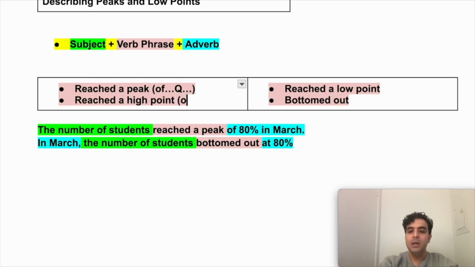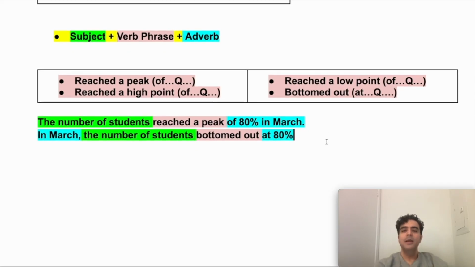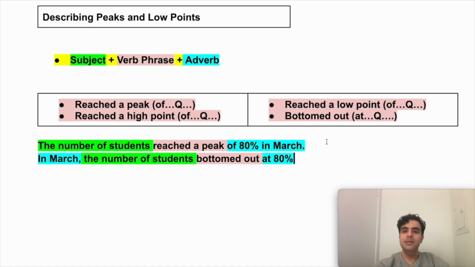Reached a high point of, and once again, mention the quantity. Reached a low point of, so far everything can be described, the quantities using of, but then for bottom out, the preposition is, as I mentioned, at. So it bottomed out at this particular amount, and there you go. These are the structures that you could use to describe peaks and low points.